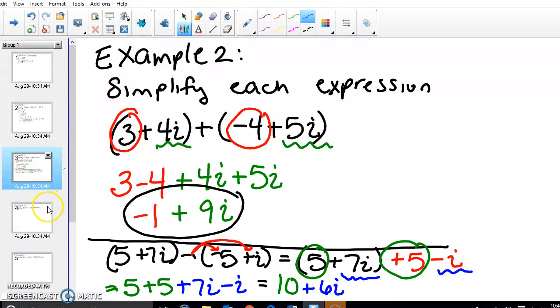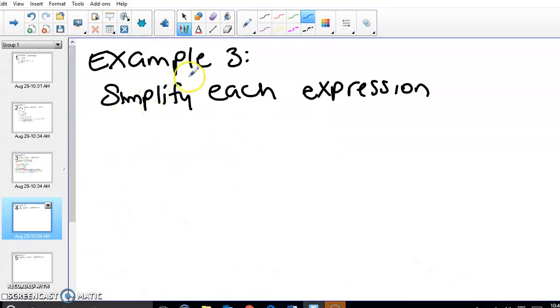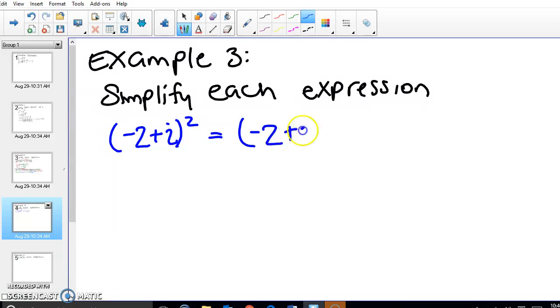Now we can move on to our next example. Again, we're going to simplify each expression, but now we're going to be dealing with multiplication. So here we have the quantity -2 plus i squared. And when we're squaring the entire thing, we're going to have -2 plus i, and then multiplied.